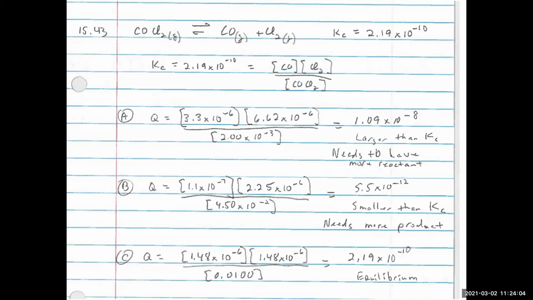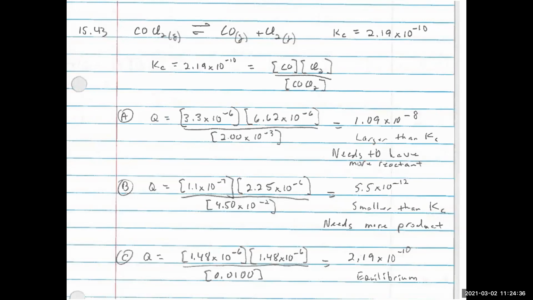Now we were given some concentration values in the problem, and so we go ahead and plug those concentrations into our expression. And for the first one, we get 1.09 times 10 to the minus 8.